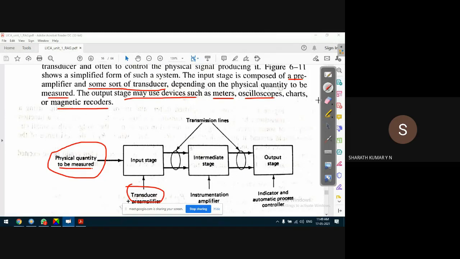Nowadays, we go for digital measurement and embedded systems, because we are all learning microcontrollers. Ultimately, we need to understand embedded systems. I think everybody is very much aware of oximeters, which measure the blood oxygen level. The device not only measures the blood oxygen level, it also displays it.